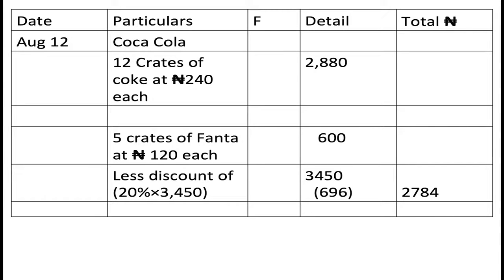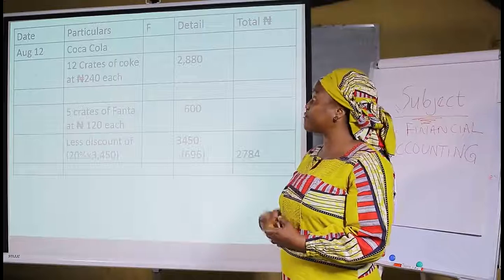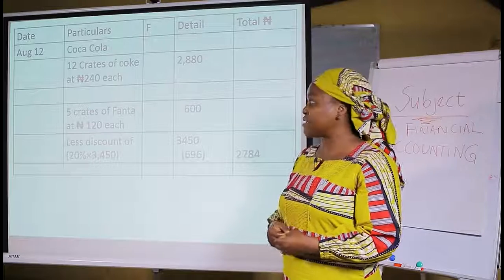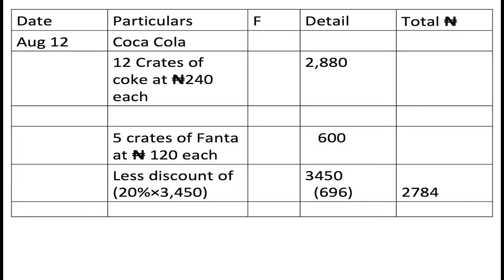They bought 12 crates of Coke at 240 naira each. When you multiply 240 times 12, you will get a total of 2,880 naira. They were also supplied from Coca-Cola 5 crates of Fanta at 120 naira each. 5 times 120 is 600 naira.